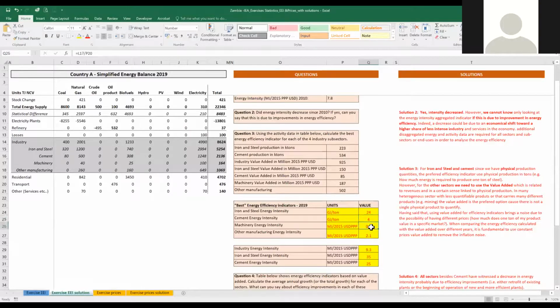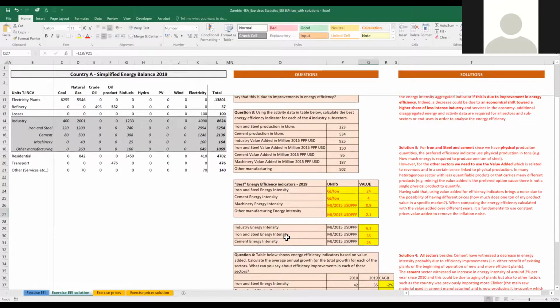So if we go back here for machinery energy intensity, we have the machinery value added and the machinery consumption. You would take your consumption and divide by the machinery value added. Same for other manufacturing energy intensity: you would also take your consumption divided by your value added.